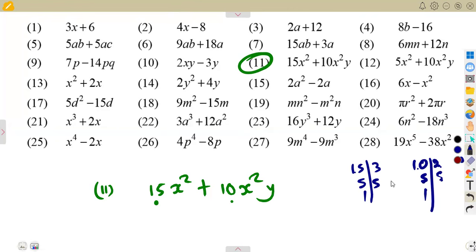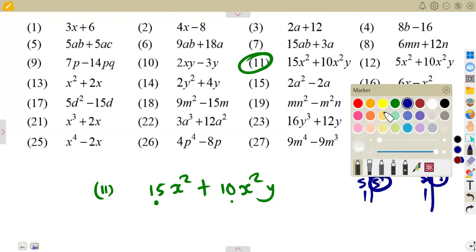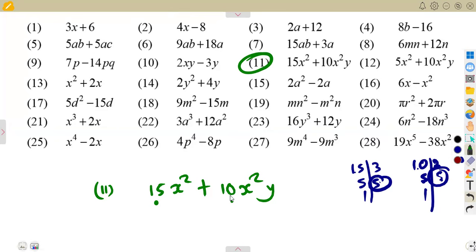If you check, the only part that is common is this 5. 3 and 2 are not common. So the highest common factor between the numbers 15 and 10 is 5, the one that is common. So I factor out a 5. In terms of the letters, there is also x squared, so it is the same there.